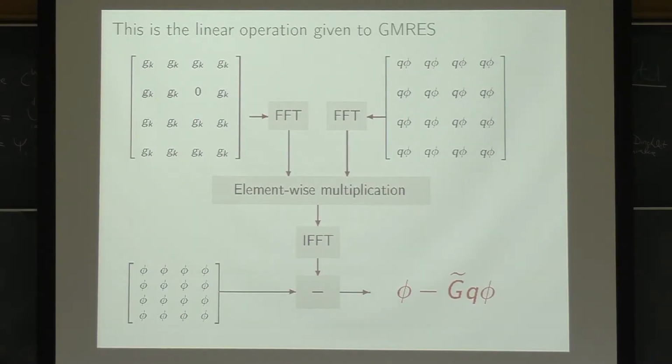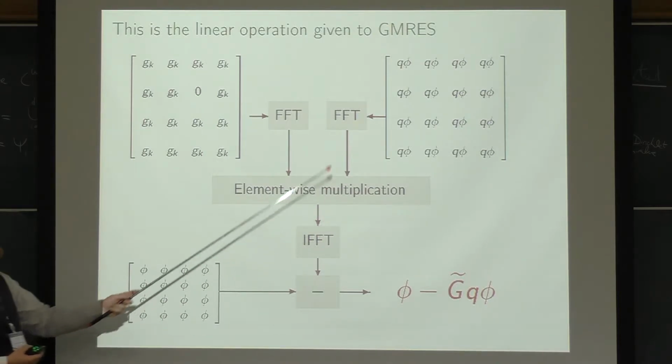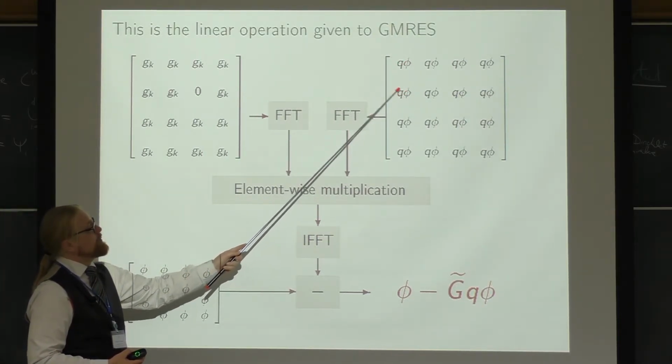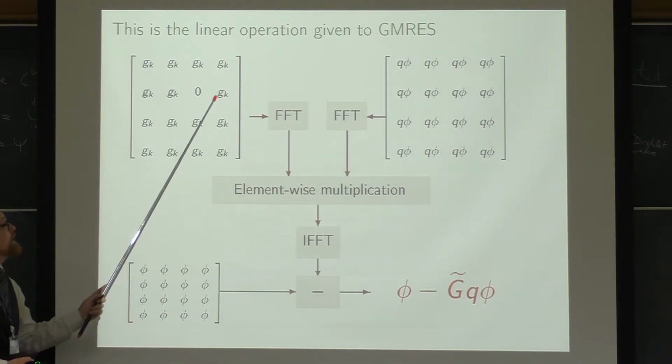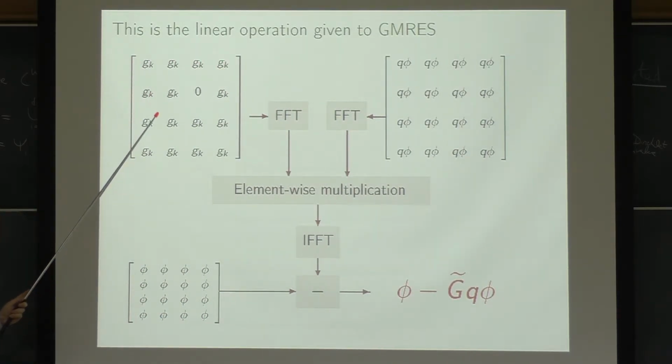Then we build up a little algorithm that, given an iterate phi, so these are the values of phi at the grid points, we multiply it by the q pointwise at the grid points. Here are values of the Green's function at the grid points, except at the origin where it has a singularity. There we just put 0. It's weakly integrable anyway, so it doesn't make a big difference.